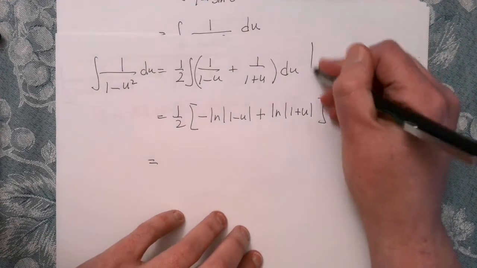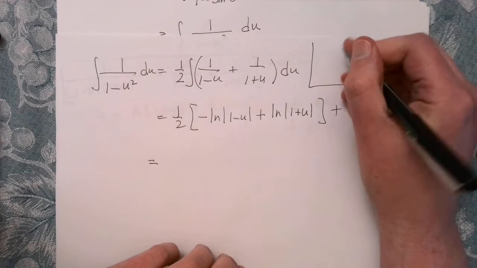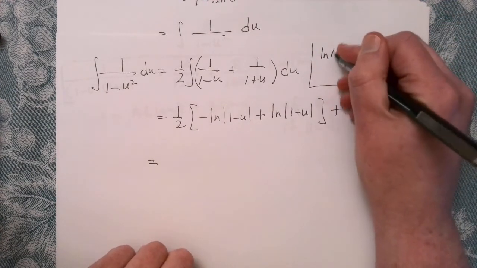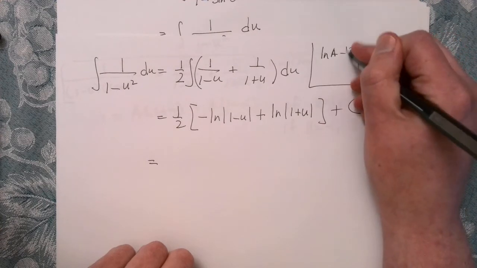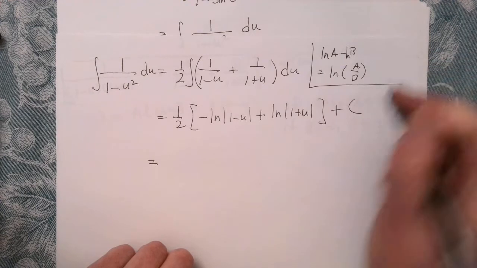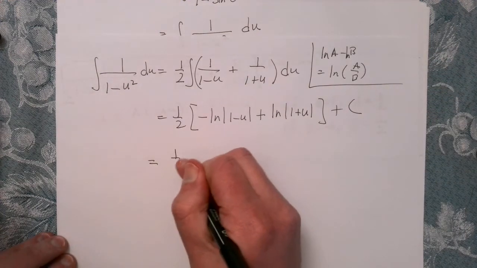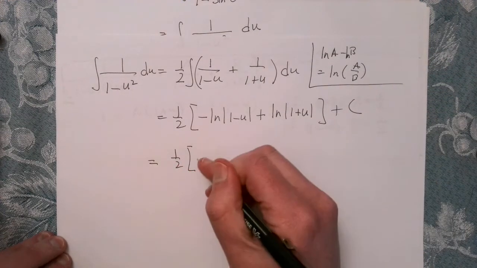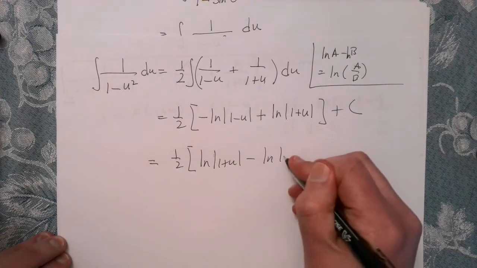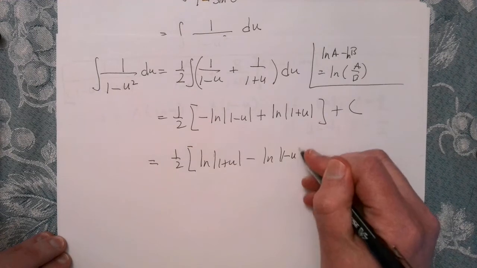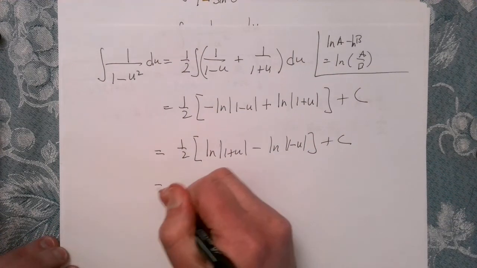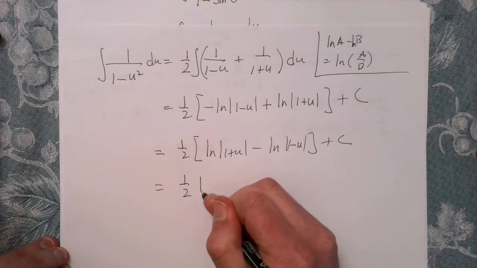So by properties of logarithms, we know that ln of a minus the ln of b is equal to the ln of a over b. I'm just going to rewrite this so you can clearly see the negative in the middle there, so it's not hanging. Okay, I've got the difference of logs, so I can write that as the log of a quotient.